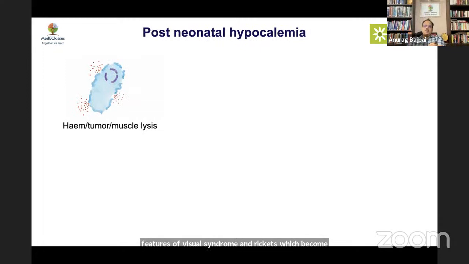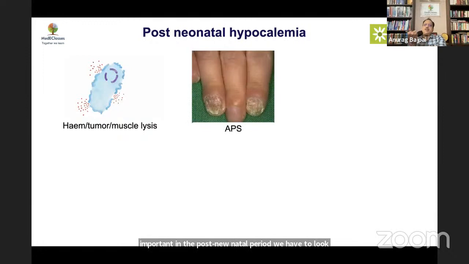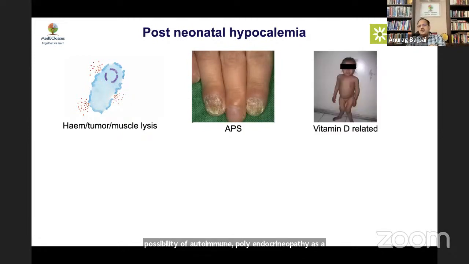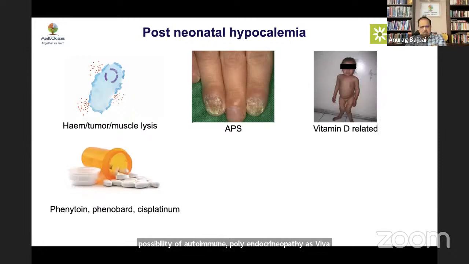In the post-neonatal period, we have to look for features of hemolysis, tumor lysis, or rhabdomyolysis. If there are nails which are atrophic, think of the possibility of autoimmune polyendocrinopathy, as Vibha was talking about. And if there is rickets, think of vitamin D dependent causes. Take a specific history for phenytoin and phenobarbital, which can really impair vitamin D metabolism.